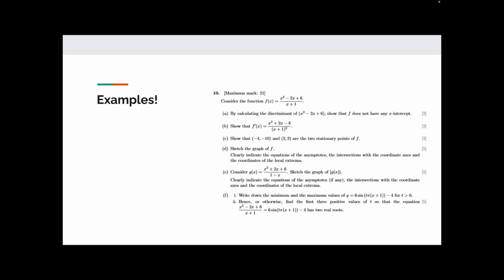Part E is sketching a function that is somewhat related to the previous one. So in this case, this question tests the understanding of modulus functions as well as a reflection.